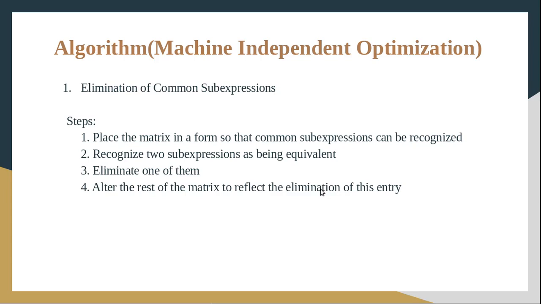So once we eliminate the duplicate, we have to modify the matrix accordingly. So these are the four steps in the elimination of common sub-expression: place the matrix in the proper form and recognize the sub-expressions, then eliminate the duplicate entries, then alter the matrix according to the deletion of the duplicate entries.